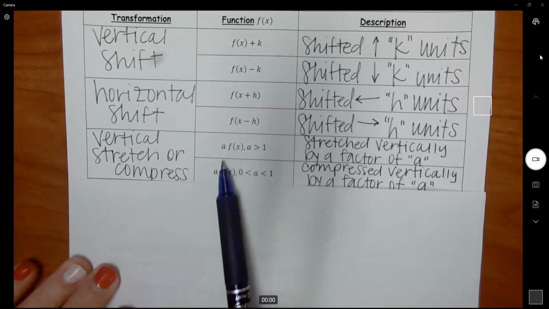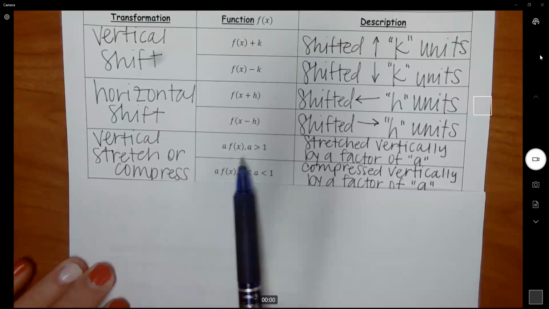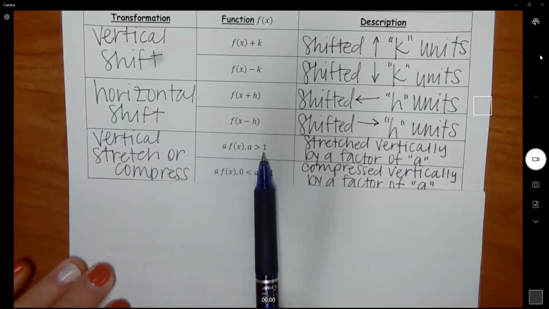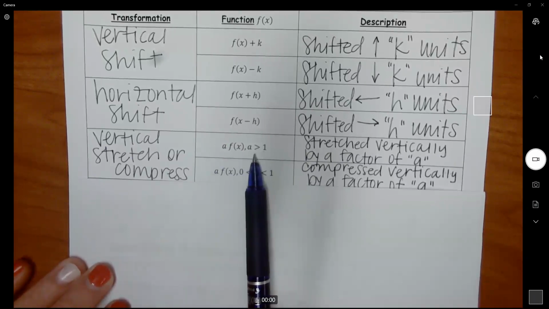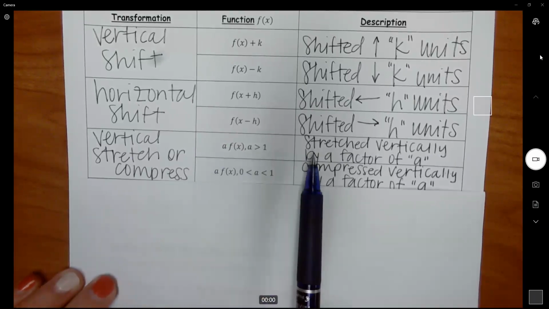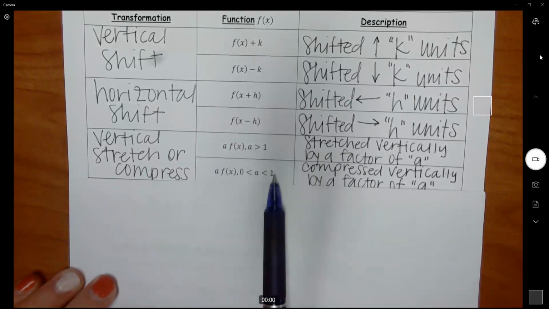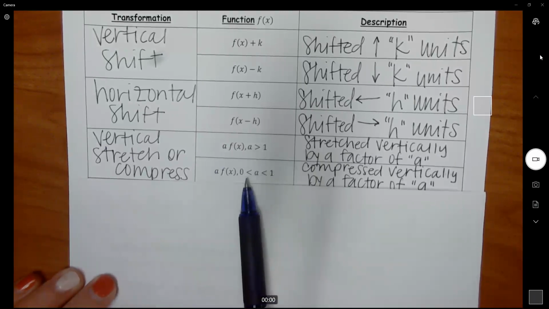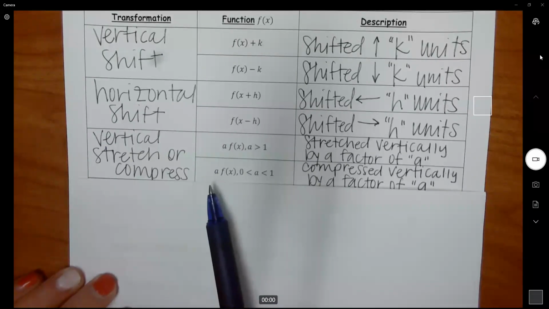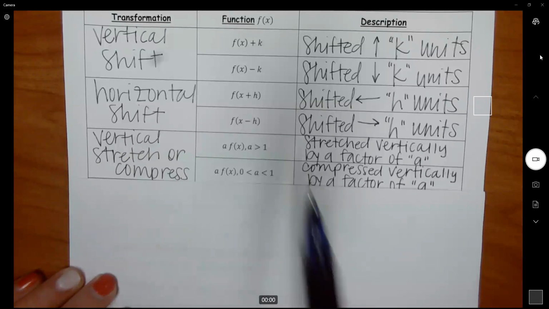This happens when you multiply the function by a number. So if a is greater than 1, it's going to get stretched. If a is between 0 and 1, so like 1/5, 1/2, 1/3, 7/8, if it's between 0 and 1, then it's going to get compressed.